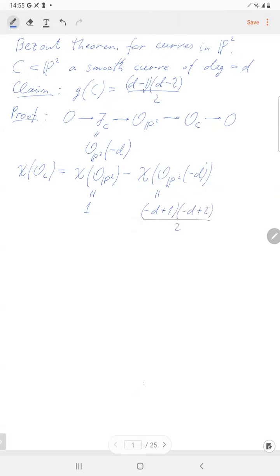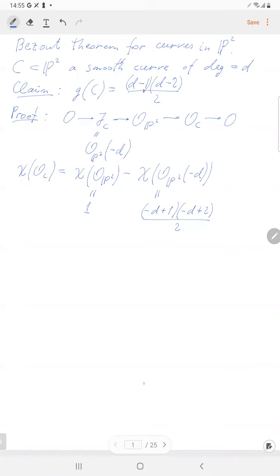And again, you can check that it works in the basic examples, namely if d is, say, negative 1, then the corresponding invertible sheaf is acyclic. It has no zeroth cohomology, no first cohomology, no second cohomology, nothing at all. And the same for d equals negative 2.